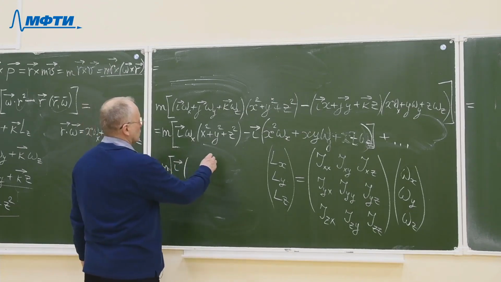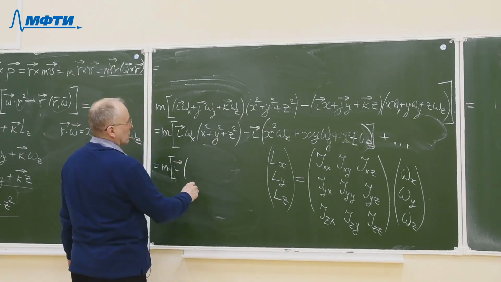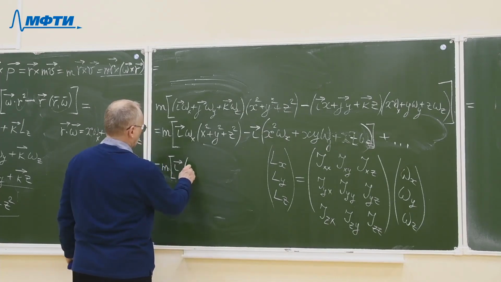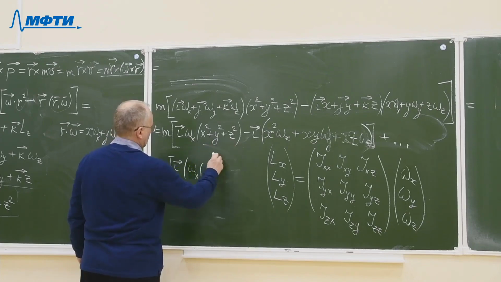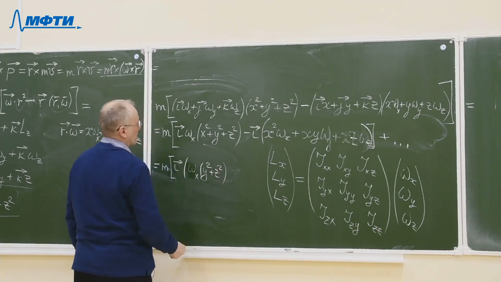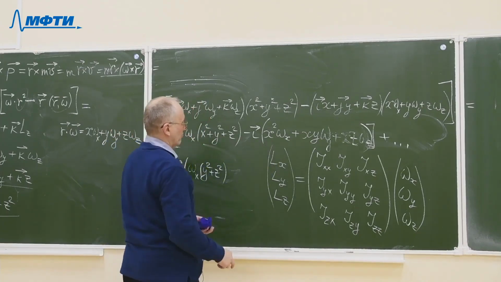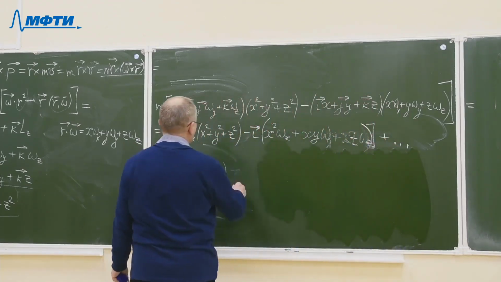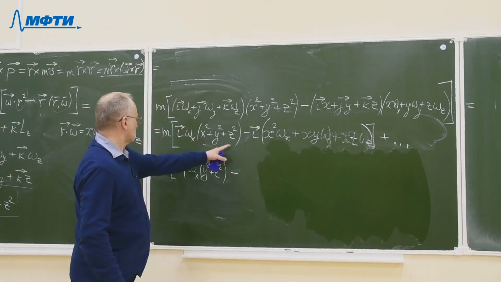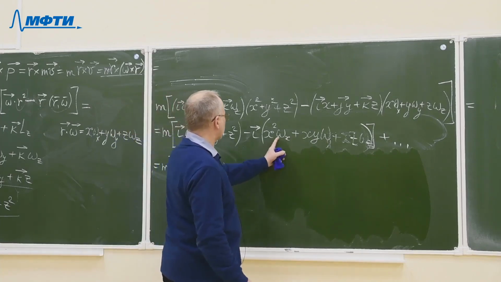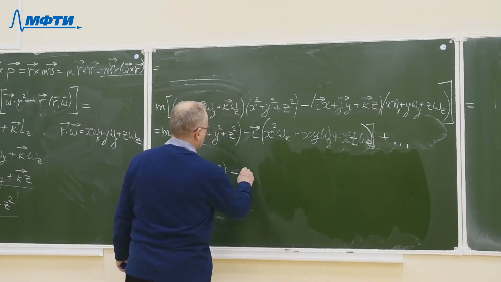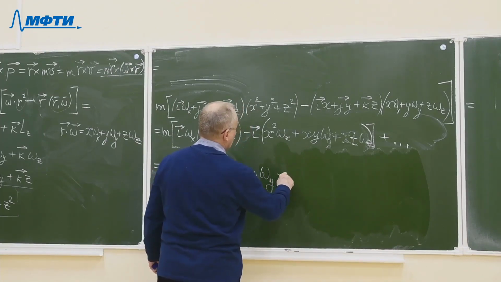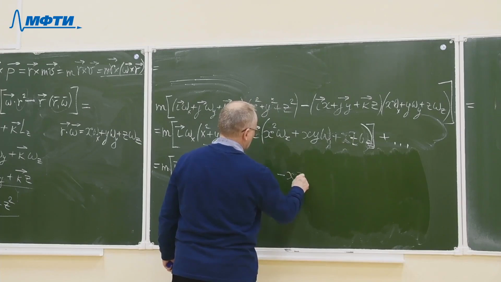The only thing which will remain here is x omega x times y squared plus z squared, because x squared was cancelled, minus x y omega y minus x z omega z.